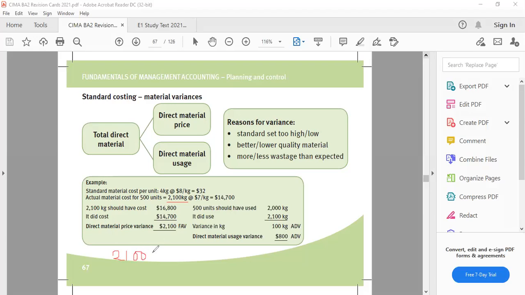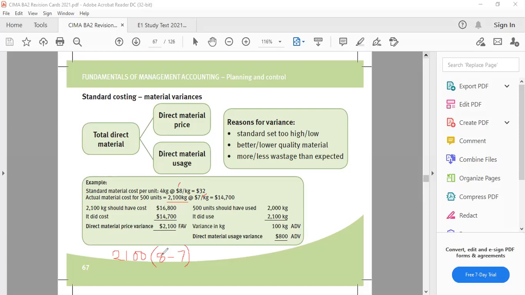The difference between the standard price, which is $8 per kg, minus the actual price of material, which is 7. So 8 minus 7 is 1. 1 into 2,100 is 2,100. They decided the standard price to be 8, but they spent only 7. So it's a favorable situation. 2,100 is favorable.